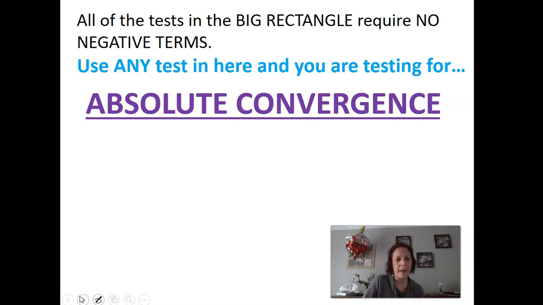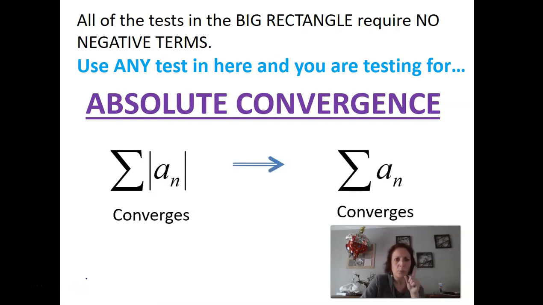Okay, now think about what that means, right? If I have a series that had negatives in it, half of my terms were being subtracted. When I push it into the big rectangle and I throw away the negatives, all those terms that were being subtracted are now being added. And it still converged. And remember, convergence means it didn't go to infinity.